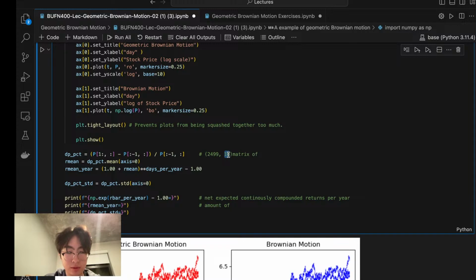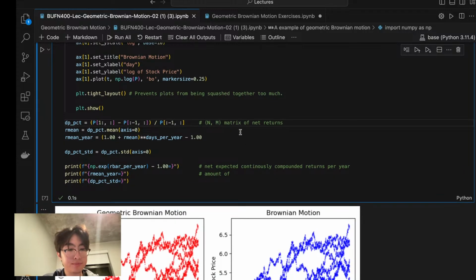Okay, so this will be m by n matrix of net returns. So this is the sample net returns. Times multiply.